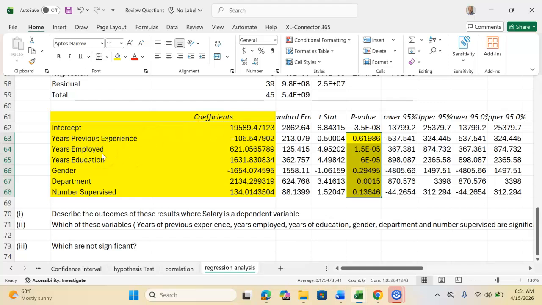Let's go to the second variable, years employed. Years employed has this slope, meaning that 1 year at work will add you $621, let's say dollars. That's how the slope is.